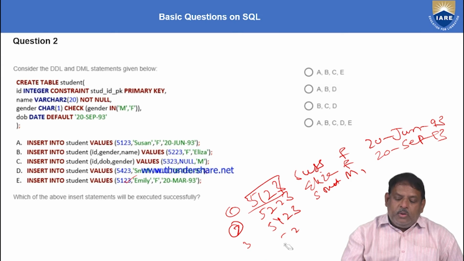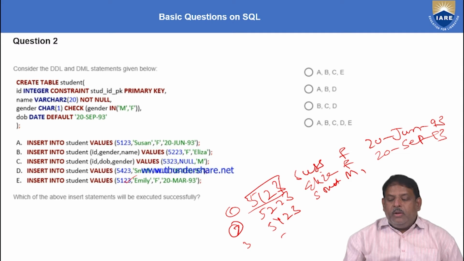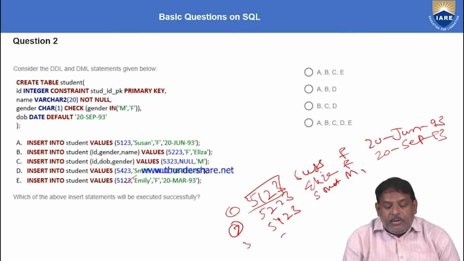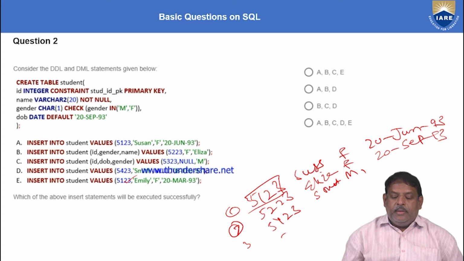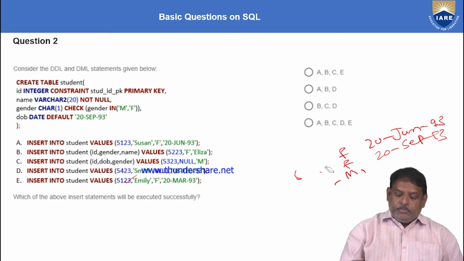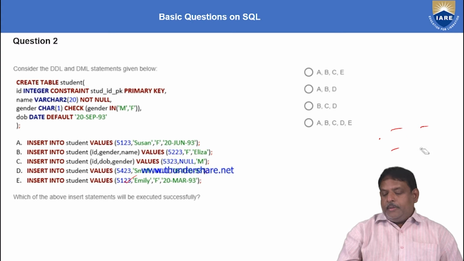So you'll be left with three values in the table student. Those are A, B and D. Now we'll see the next question.